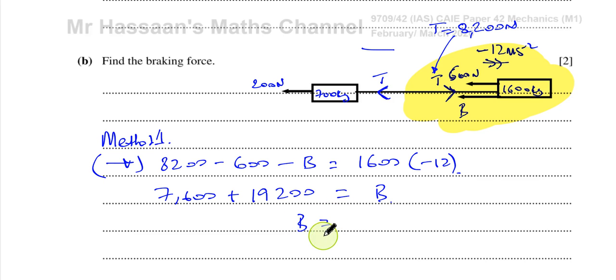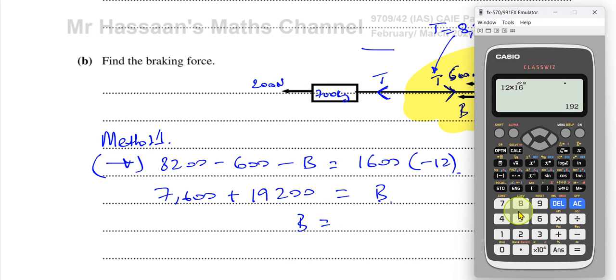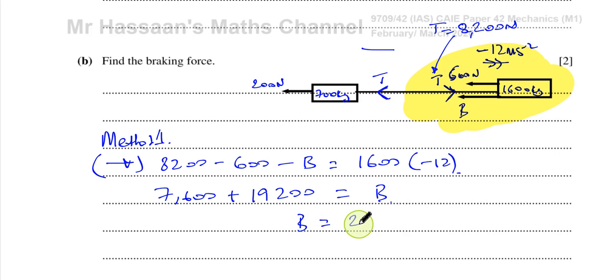So B is equal to 19,200 plus 7,600, that's 26,800 newtons. Okay, so that's one way of answering the question, by considering just the car.